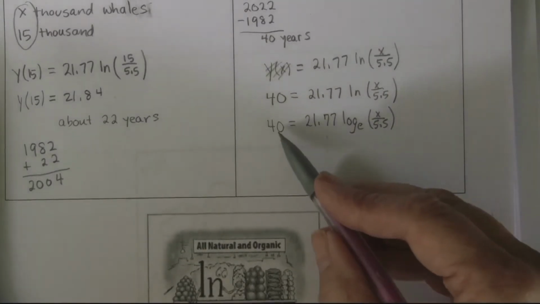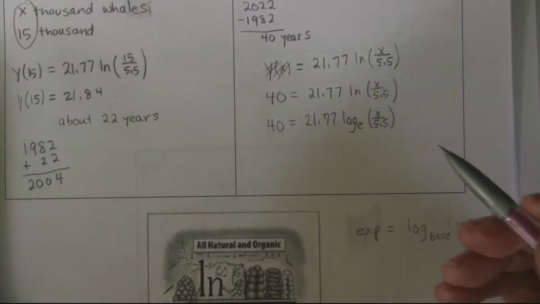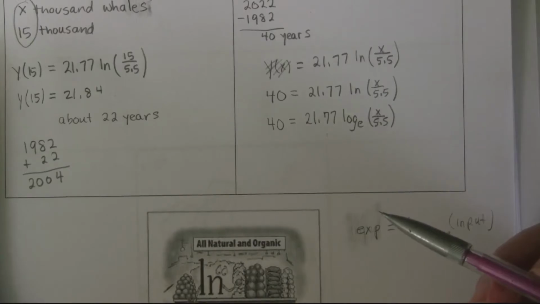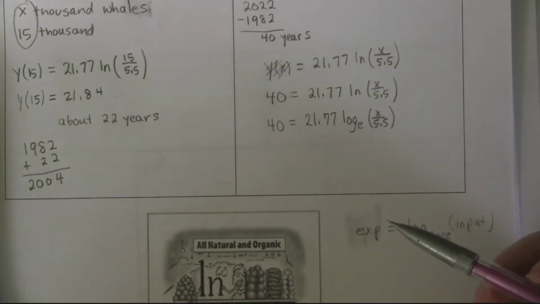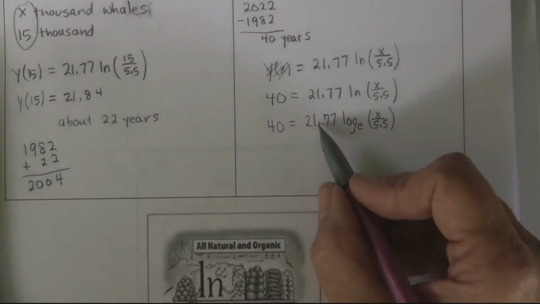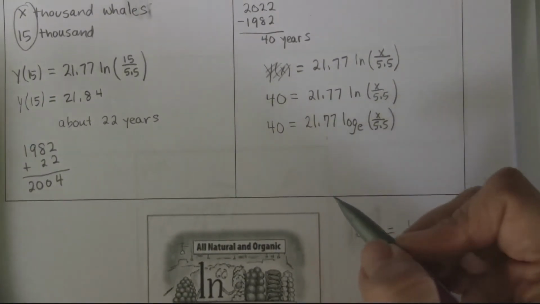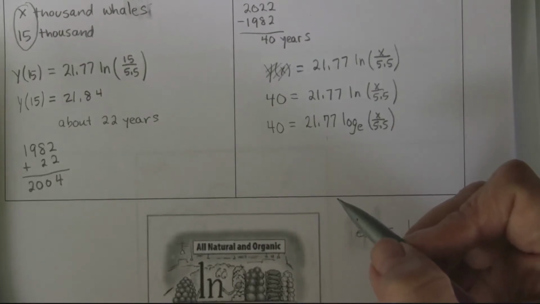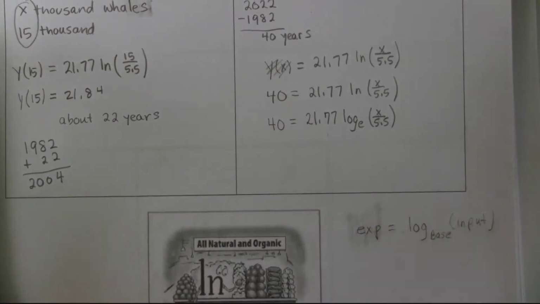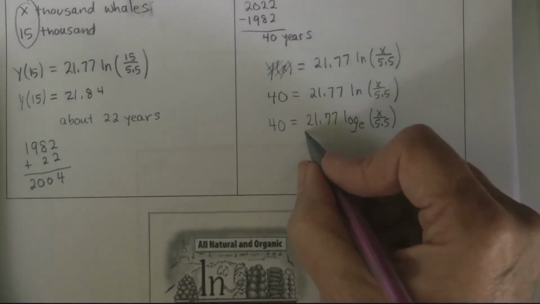And the exponent is 40, and that's okay. So what's not allowed is the 21.77, and we want to get rid of it. It won't be helpful to take away 21.77 because it's not added to the logarithm. It's multiplied by the logarithm. So you have to do the inverse of multiply, which is divide. So I'm going to have to divide.